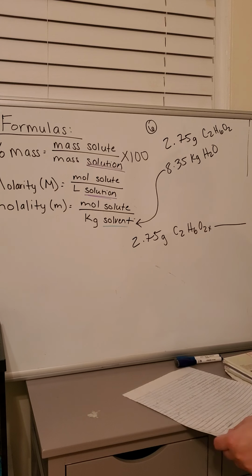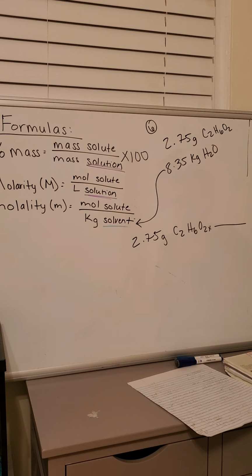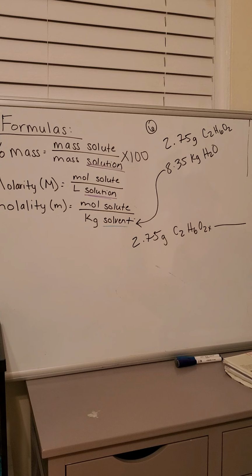So we have 1 mole of C2H6O2 over the molar mass of that, which is 62.07 grams.